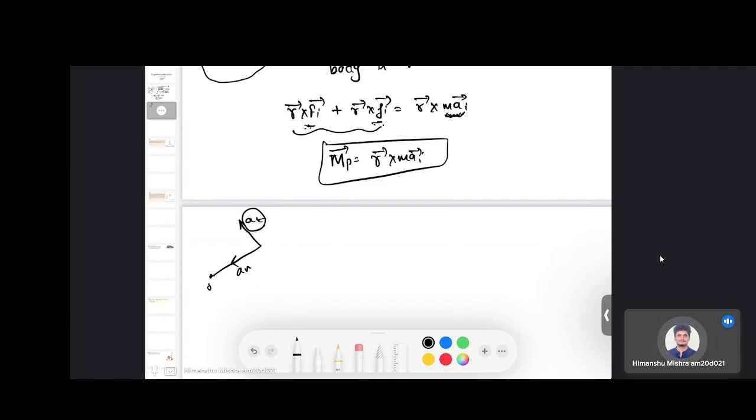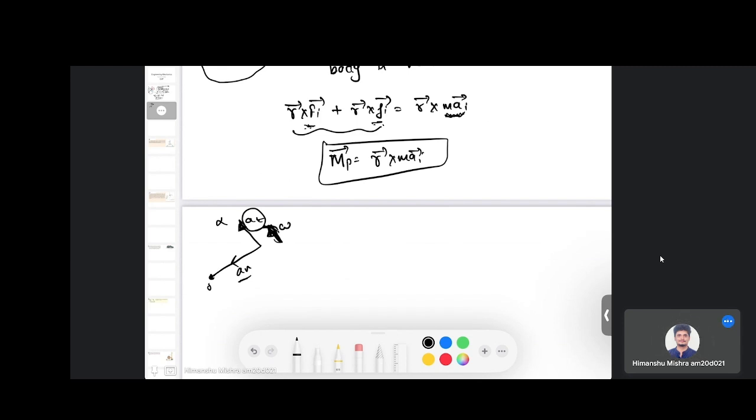The tangential acceleration is toward the direction of angular acceleration. So if this is the direction of a_t, then my angular acceleration should be in the same direction, whereas the normal acceleration should be directed toward point O, while the body is rotating with an angular velocity omega in this direction.